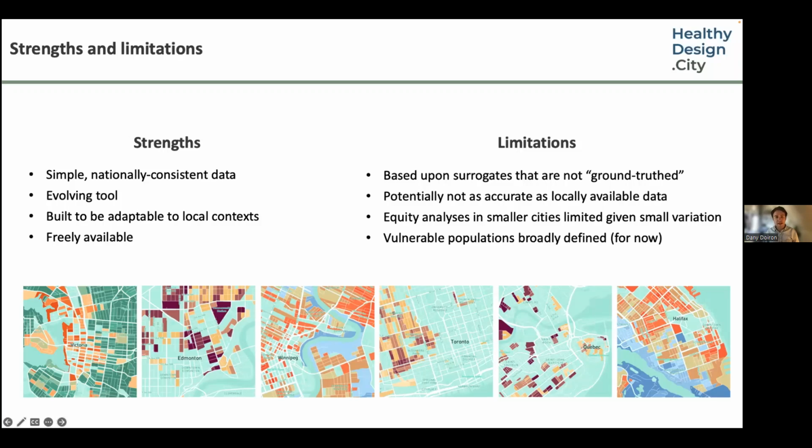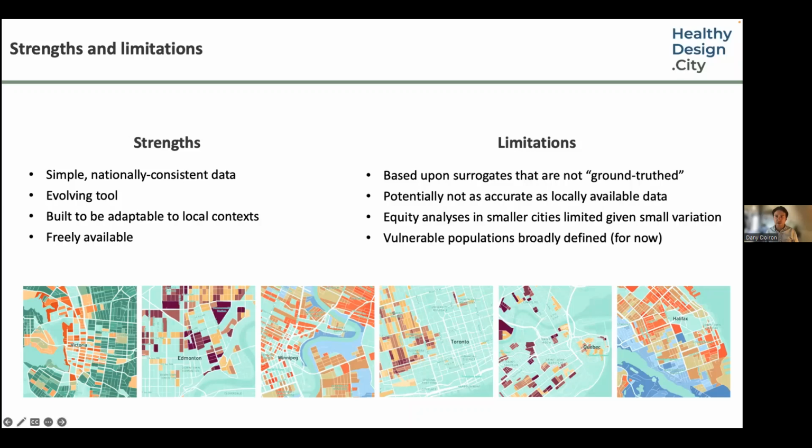And while we only have cross-sectional data for the moment in the tool, we hope to build in longitudinal built environment data so that we can look at trends over time. So exposure surveillance of different factors over time in different cities. Our tool is evolving, and we're keen to integrate feedback from users such as yourselves, as Jeff mentioned earlier.